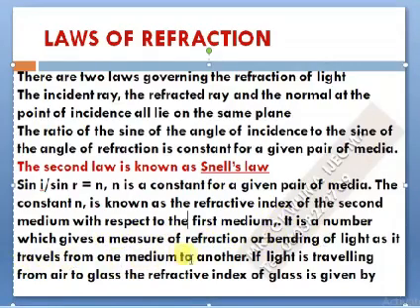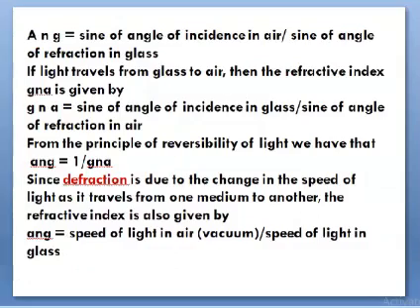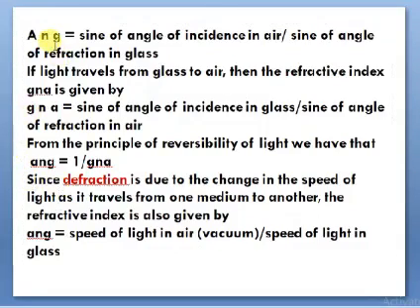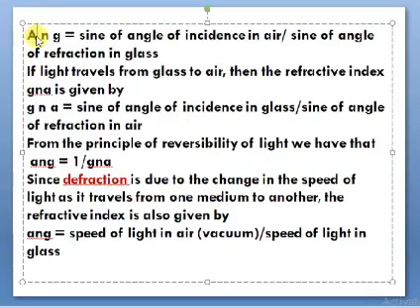If light is traveling from air to glass, the refractive index is given by n_ag. That is the refractive index of a ray of light moving from air to glass.